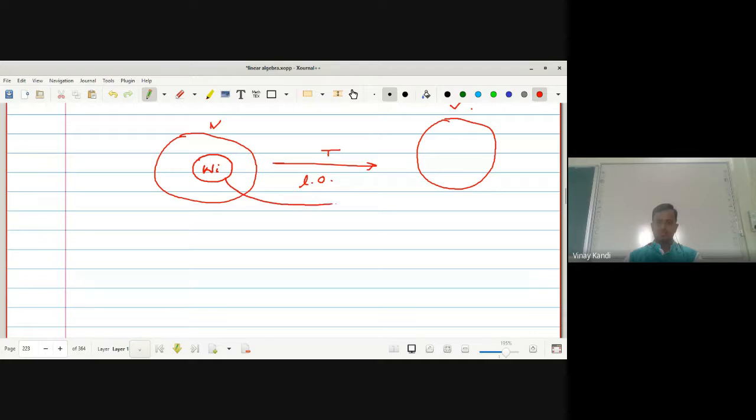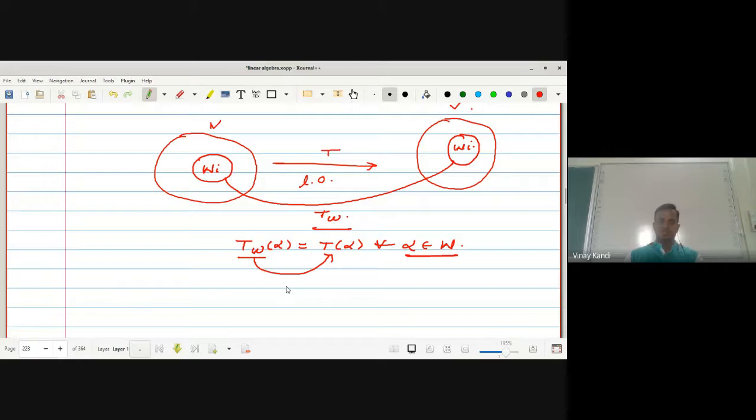T_W of alpha is equal to T of alpha for all alpha belonging to W. Is it correct? That means for each and every vector alpha of W, T_W coincides with T. When T is applied on Wi, it gives T_W of alpha. So this is the restriction of T on Wi.